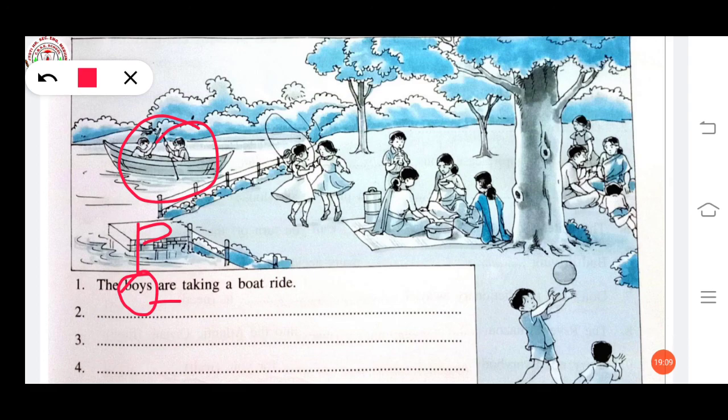And taking, ing is there, it means it is continuous tense. So this is present continuous tense. Presently they are doing. This work is not finished. Still they are doing this work. So it is present continuous tense. The boys are taking a boat ride.